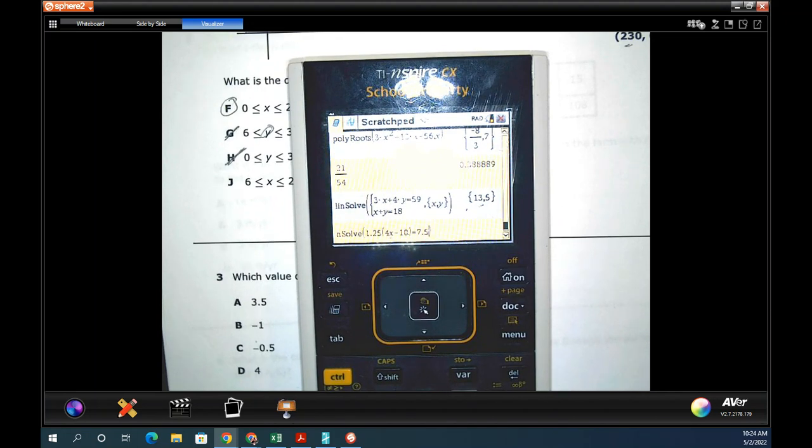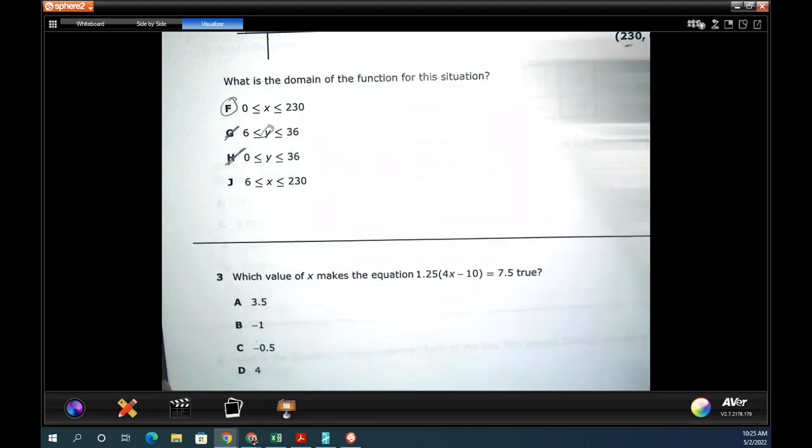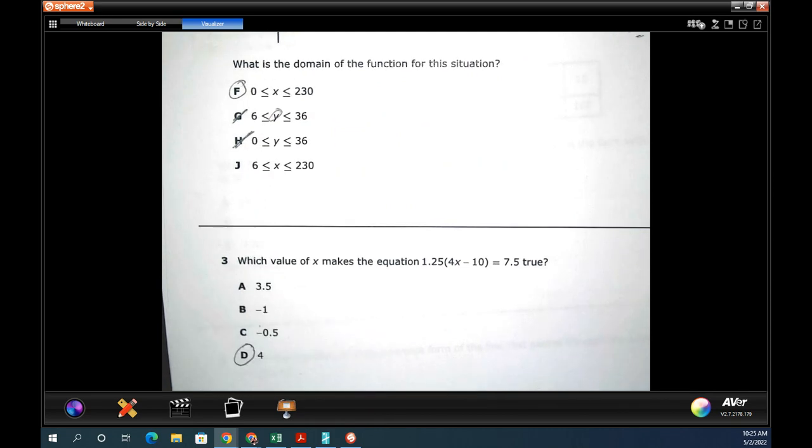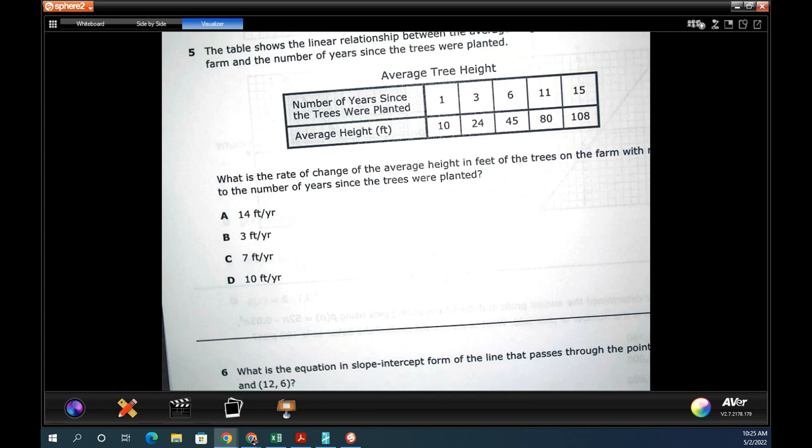You've got to hit comma, left of the O, and the variable you're solving for, x. And then you can just hit enter. There's your answer. Anytime you've got to solve an equation, you can put that in there. So the answer here is 4. There's three simple ones right there.